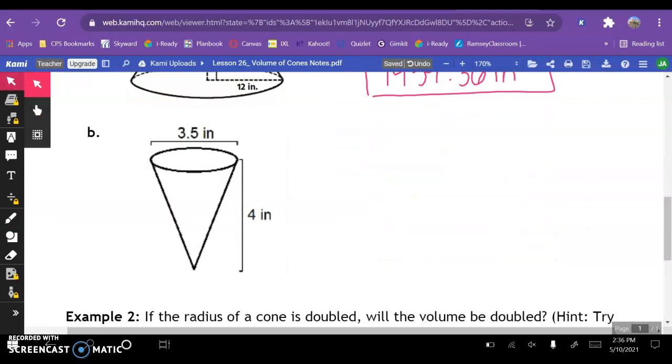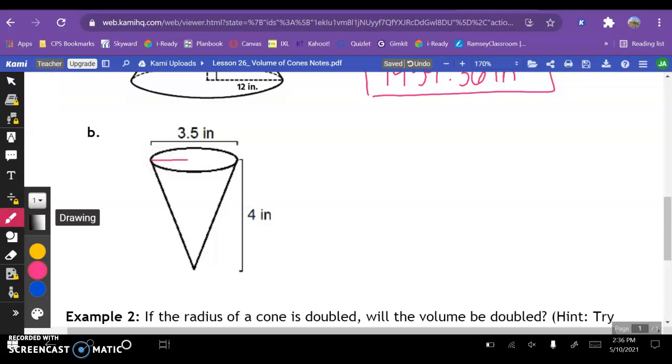And then this one, our diameter is 3.5. So all the way across is 3.5. I need to know what half of that is. If I do 3.5 divided by 2, I get my radius of 1.75. So I'm going to do 1/3 times pi times our radius squared times how tall our cone is, which this says 4.